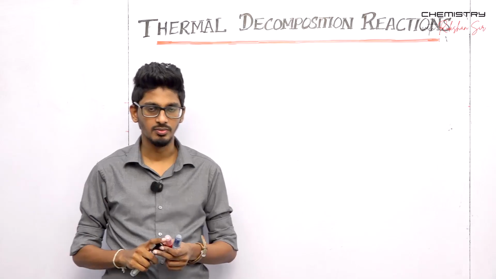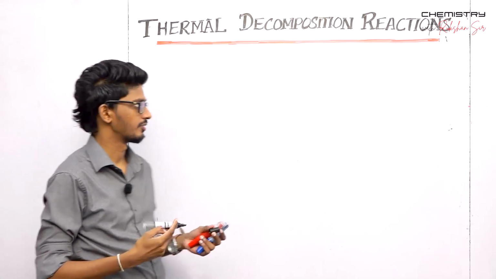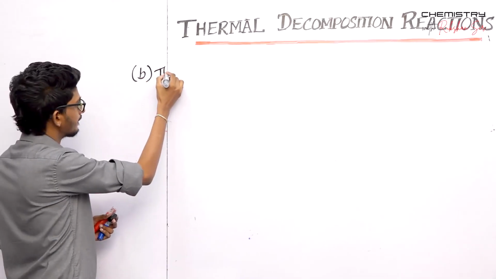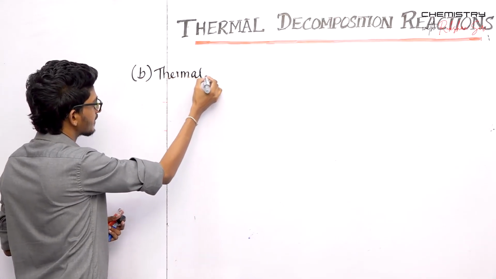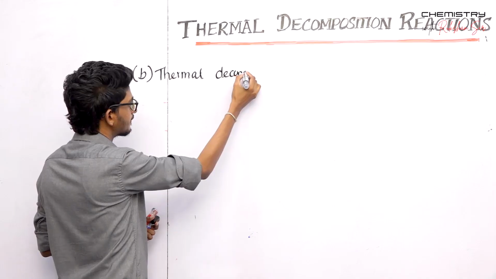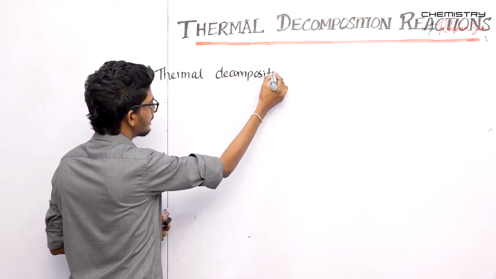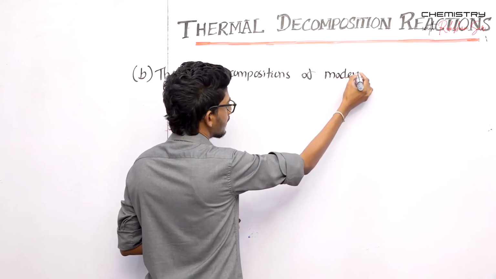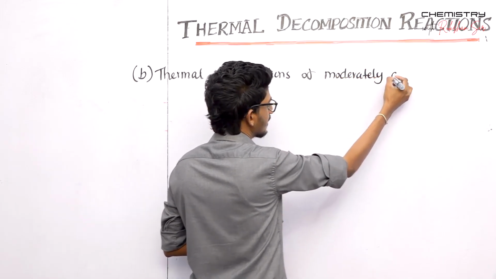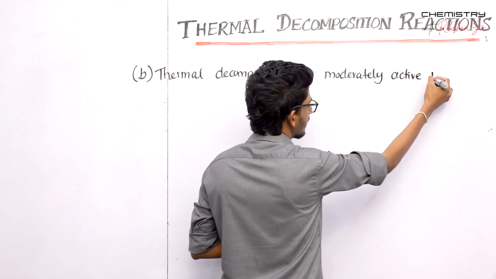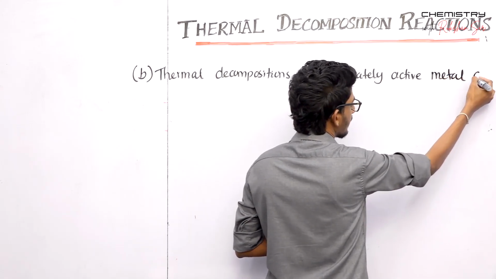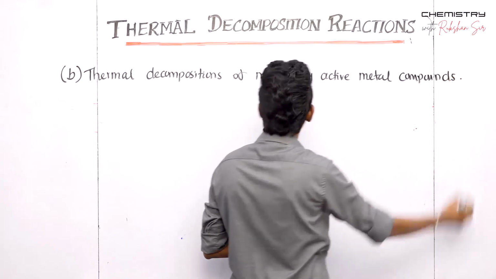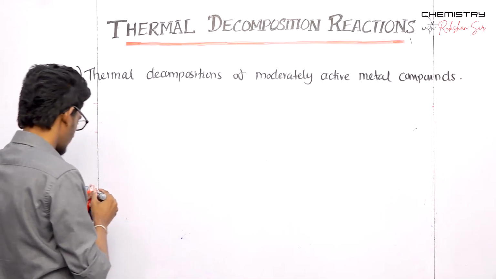Okay, part B is about moderately active metallic compounds, right? Thermal decompositions of moderately active metal compounds. Actually, what are the moderately active metals? Right?